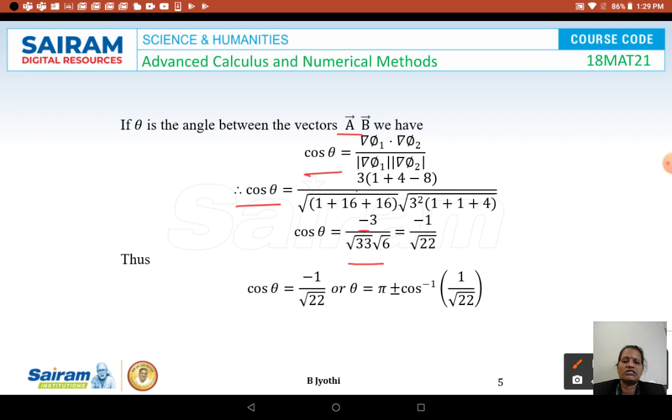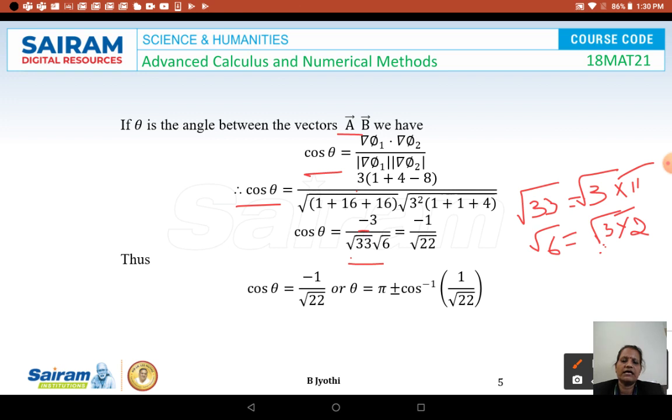Root 33 is root of 3 into 11, and root 6 is root of 3 into 2, so the root 3 cancels with the 3 in the numerator, leaving root of 22.